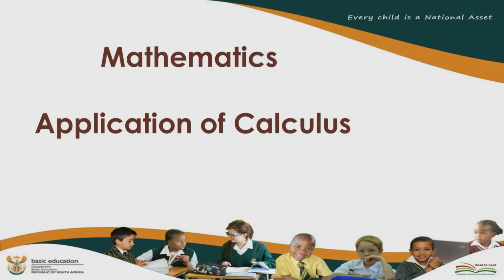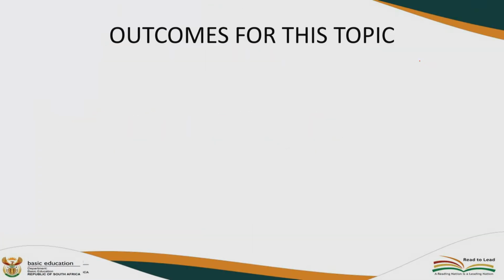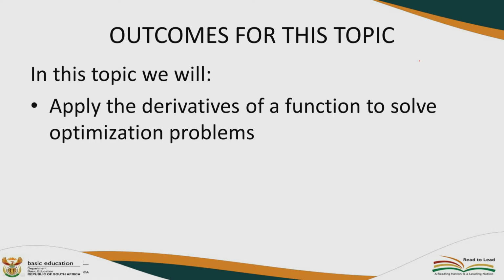All right, so now let us go through the outcome of today's lesson. In this topic, we are going to apply the derivative of a function to solve optimization problems.